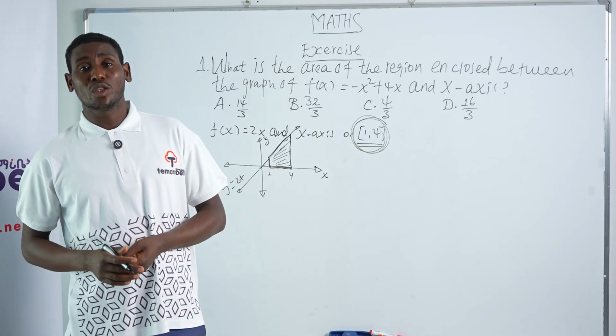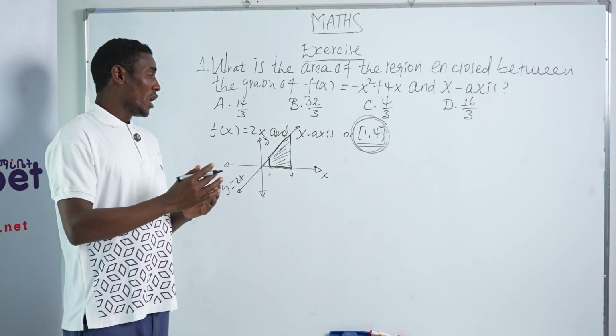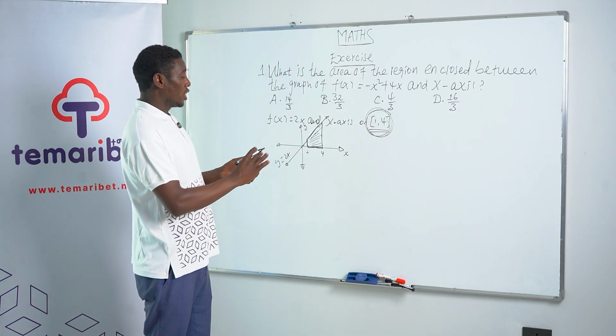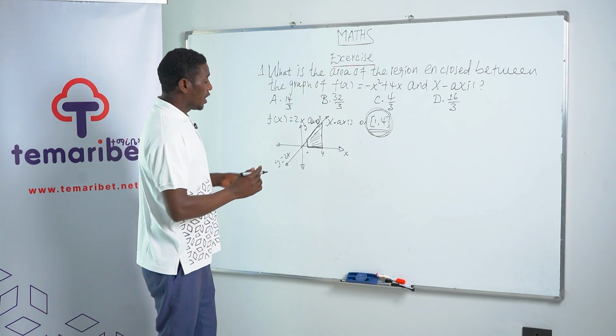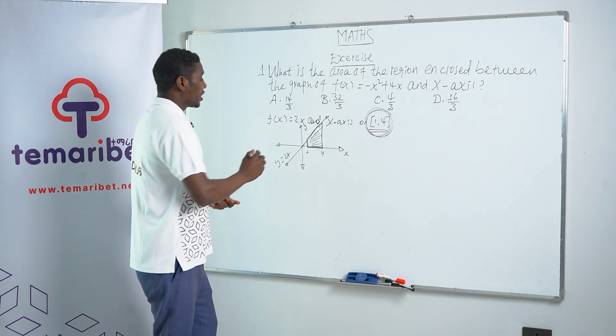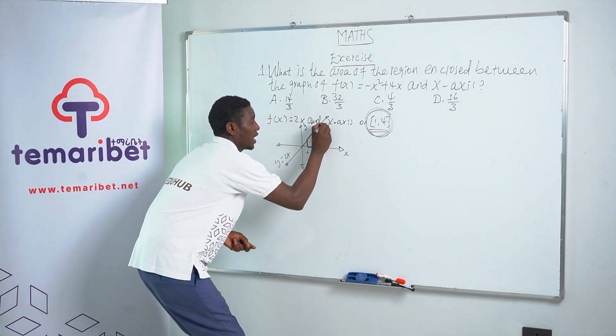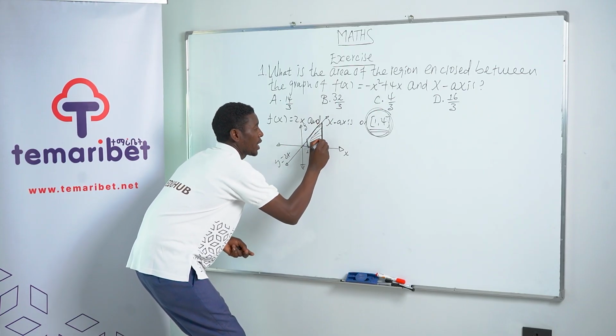We can divide it into different types of plane figures, or you can use a trapezium, because a trapezium is a quadrilateral which has one pair of parallel sides. Since x equals 1 and x equals 4 are vertical lines, this side and this side are vertical lines, parallel lines.